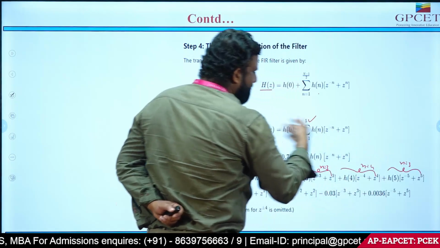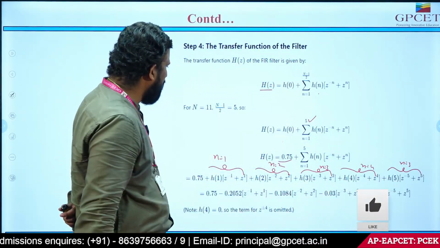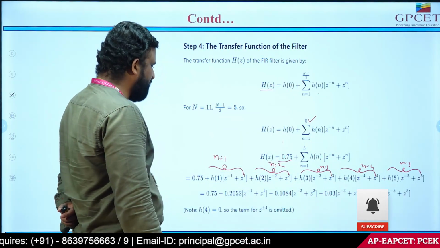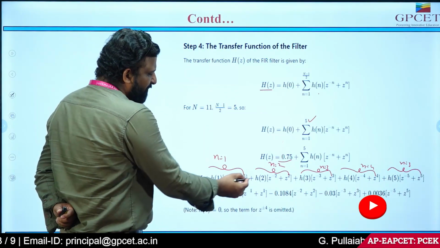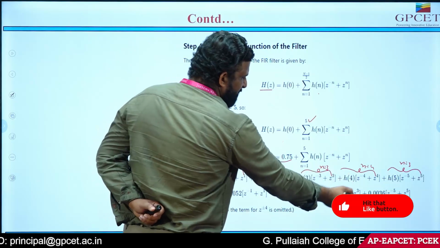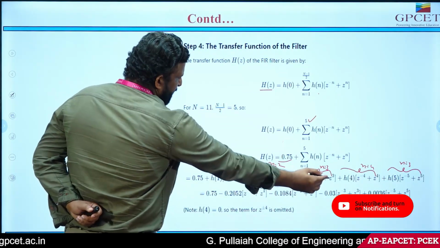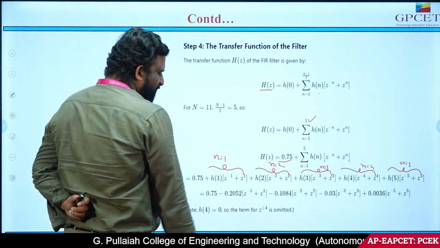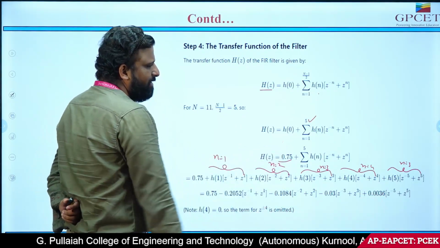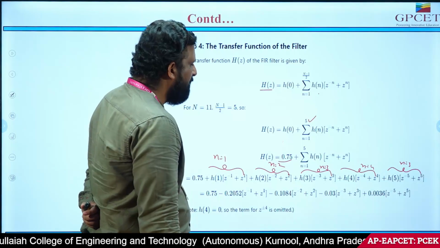So by expanding the summation, the equation I got is the transfer function of the FIR filter. After expanding, we substitute the values of h of 1, h of 2, h of 3, h of 4 and h of 5. Here we cannot see the term for h of 4, because the value of h of 4 is equal to 0. That's why that particular term has been omitted.